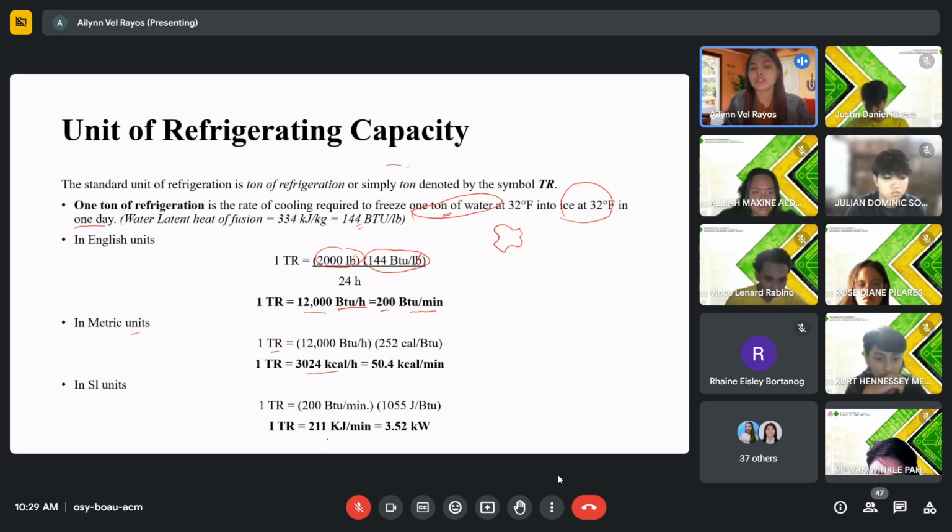So, that 1 ton of refrigeration is equivalent to 211 kilojoule per minute or equivalent to 3.52 kilowatt. Okay? Any question on this slide? Clear naman tayo sa slide na to. So, that is for 1 ton of refrigeration. Any question? Pataas naman ako ng kamay kung clear tayo sa slide na to.